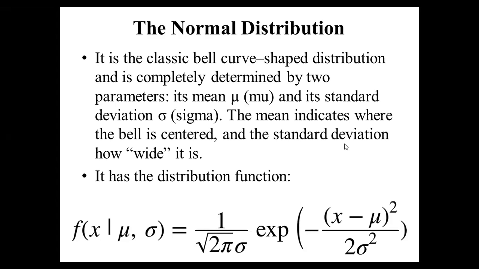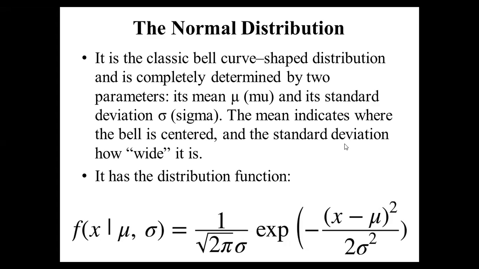It is a classic bell-curve-shaped distribution and is completely determined by two parameters: its mean, represented by mu, and its standard deviation, represented by sigma. The mean indicates where the bell is centered, and the standard deviation indicates how wide it is.